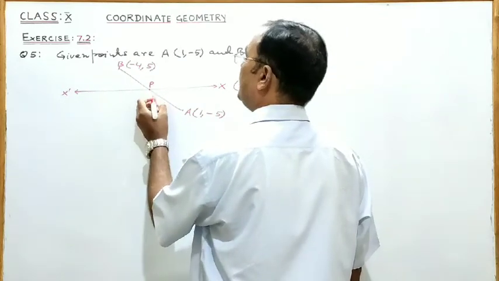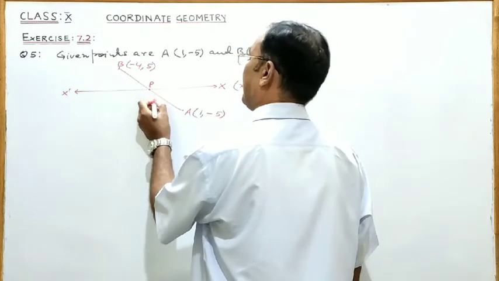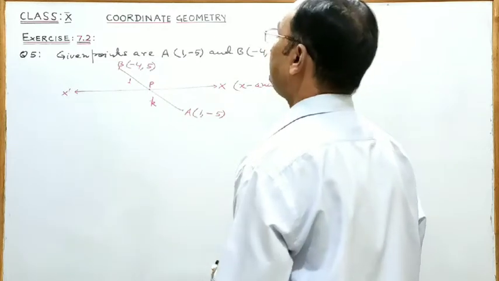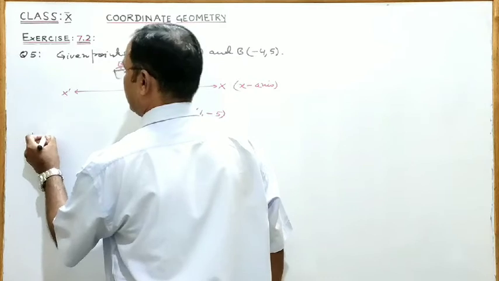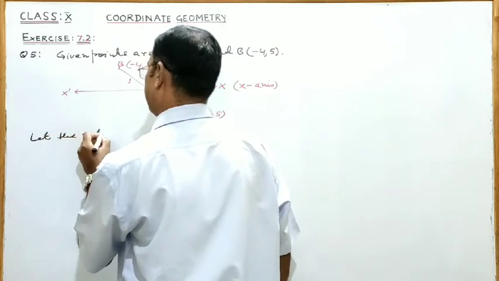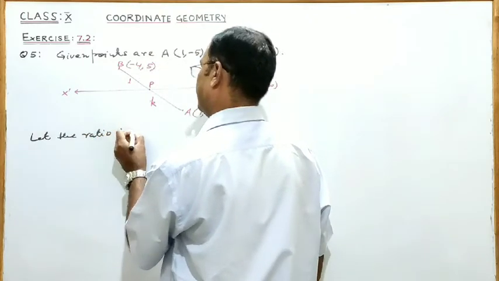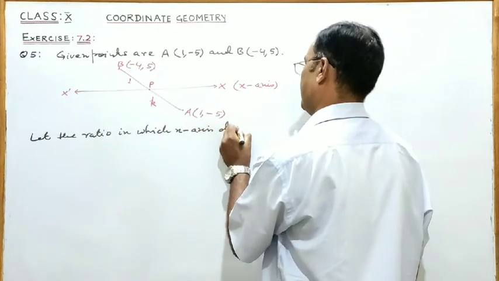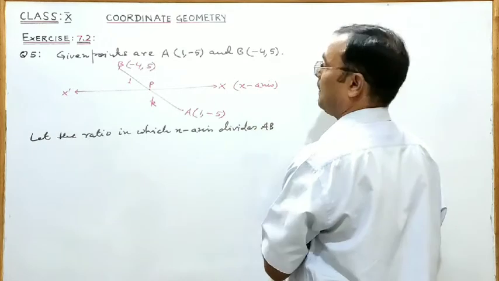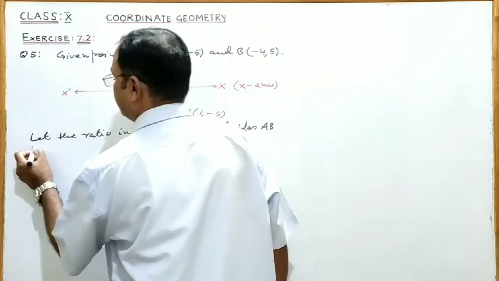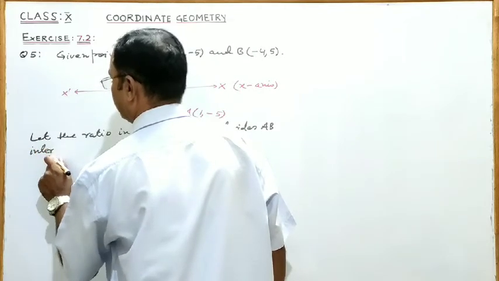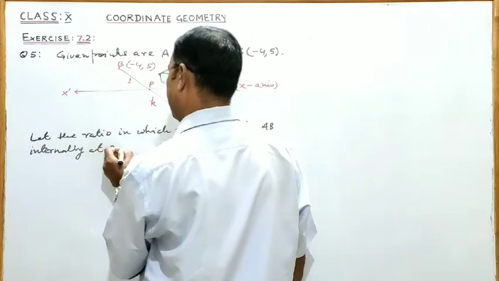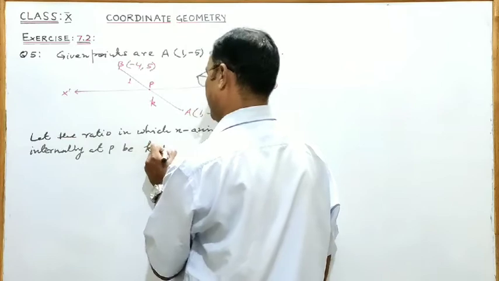Let the ratio in which this x-axis divides AB internally at P be k is to 1.